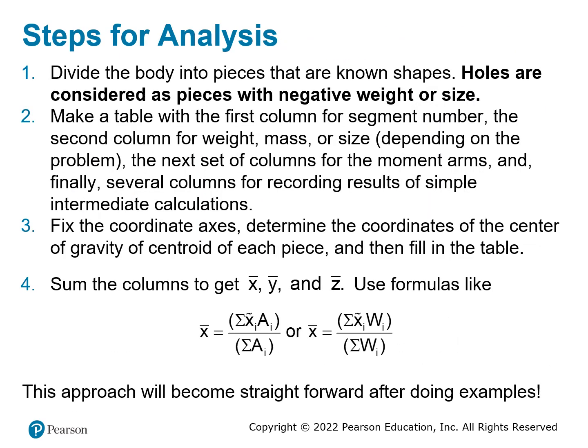So the steps to analyze these kinds of things: you're going to divide the total body into smaller pieces, and the smaller pieces will be shapes that are easy to calculate its area or its volume. The hole is going to be something negative that you're going to take out, so you're going to do a subtraction. If they are not a hole or some kind of cut-out part, you're going to add them together.